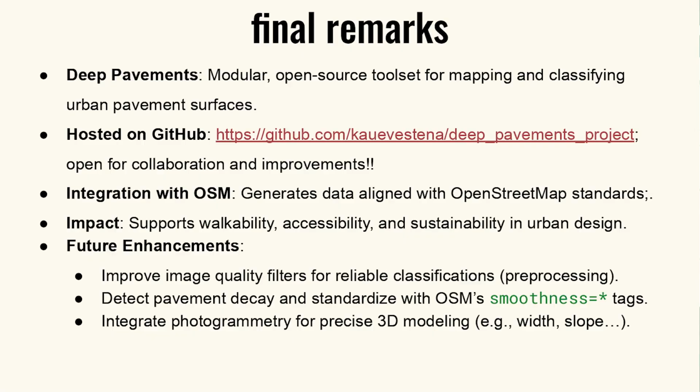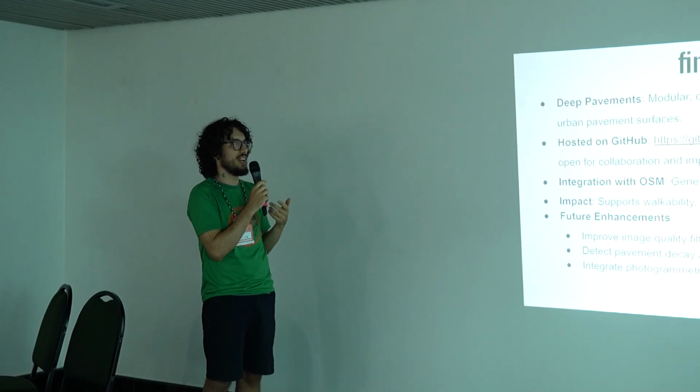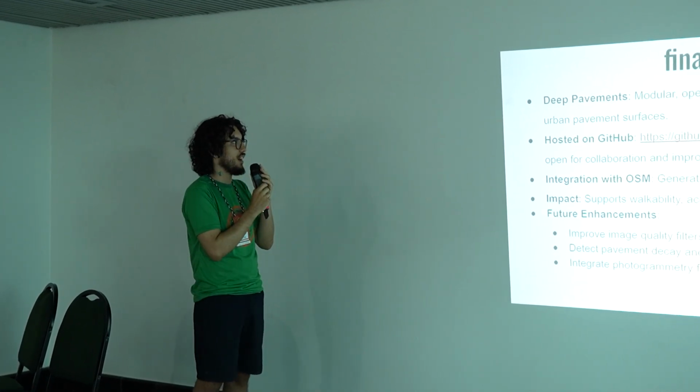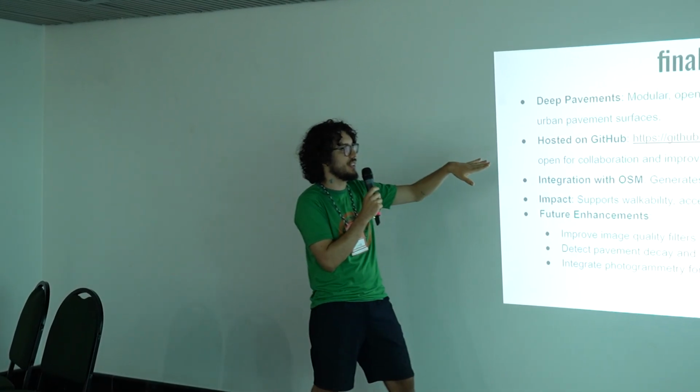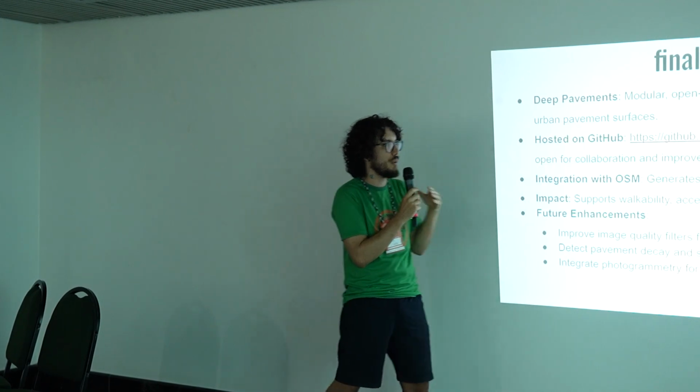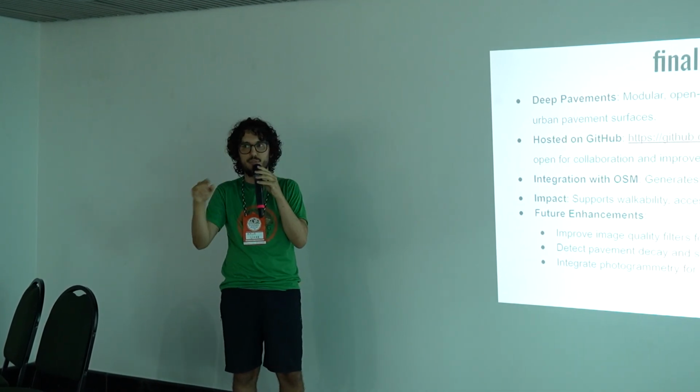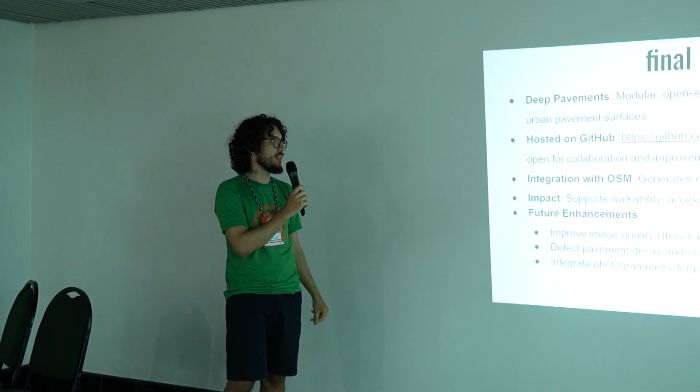And some final remarks about the presentation: DeepPavements, the framework, still doesn't have much of a face, but it's a modular open source tool set for mapping and classifying urban pavement surfaces. It's hosted on GitHub. This is the main repository where you can find the links for all the modules of the project.